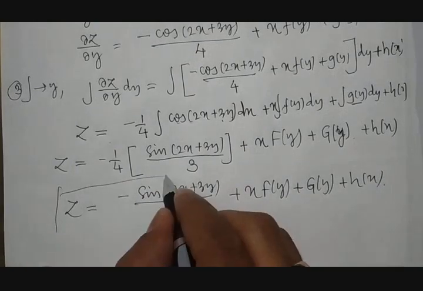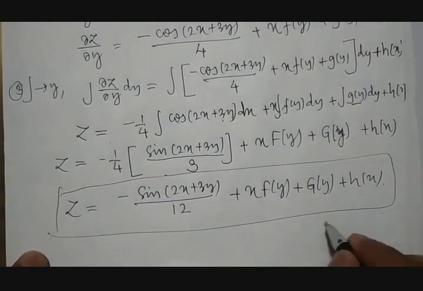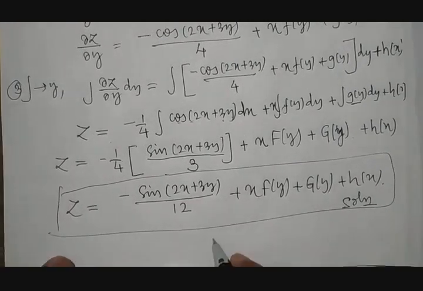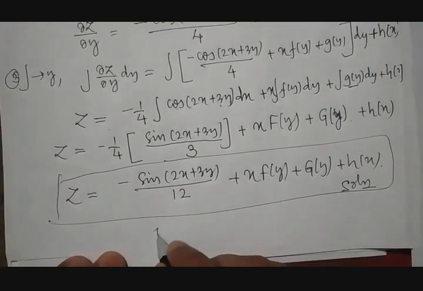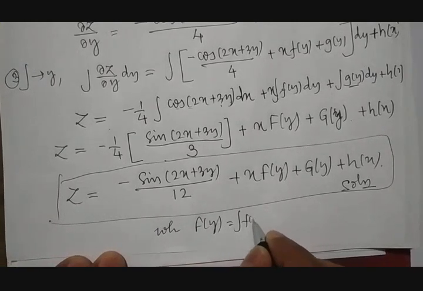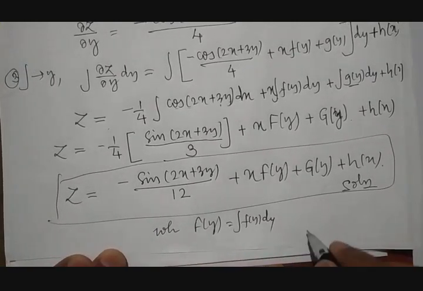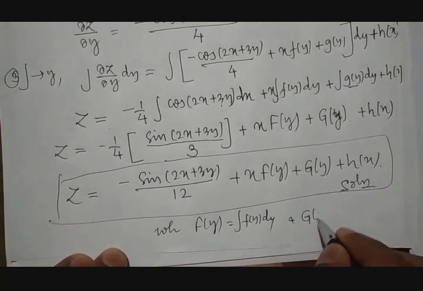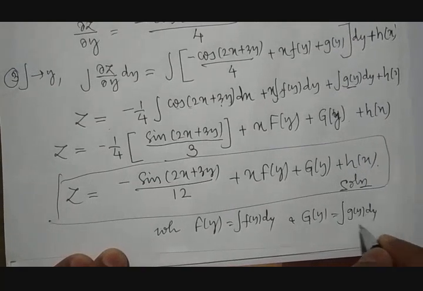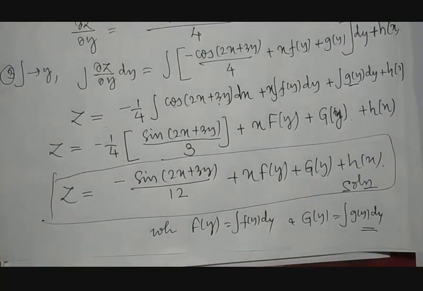So this is the required solution for the given partial differential equation, where capital F of y is nothing but integration of small f of y with respect to y, and capital G of y is nothing but integration of g of y with respect to y. So this is the solution. Thank you.